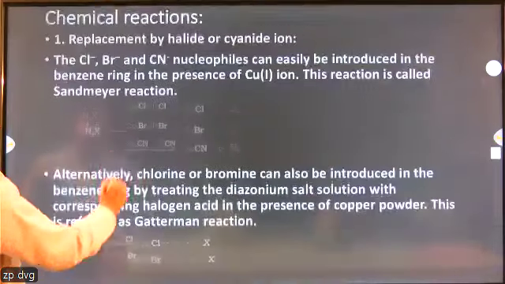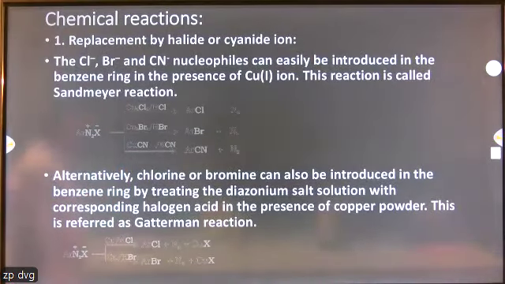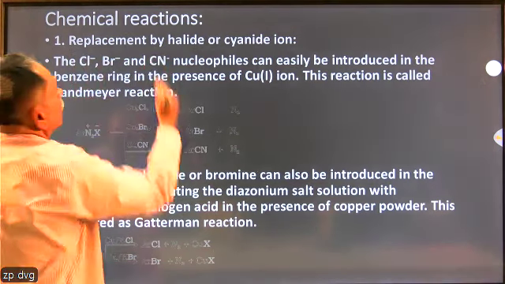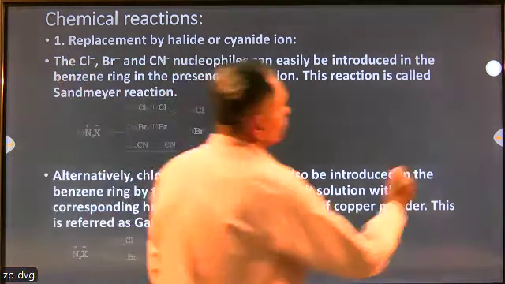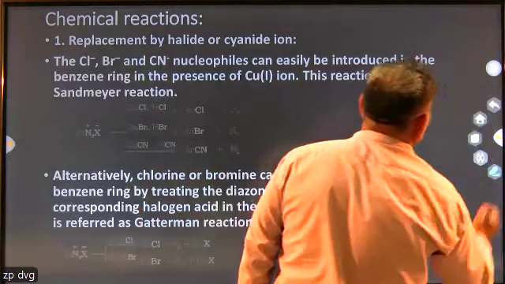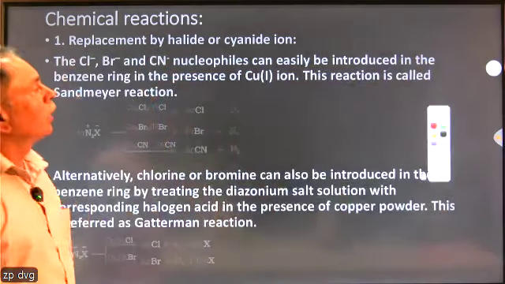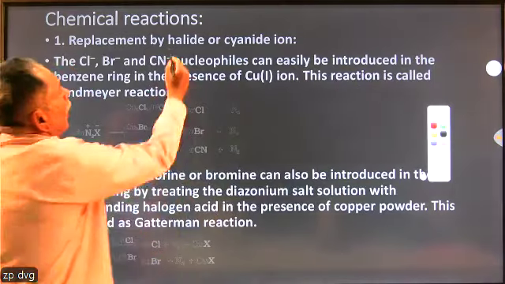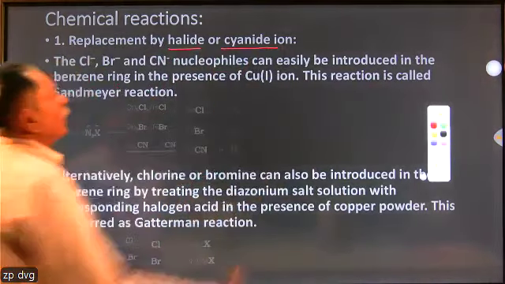Next, we'll study some of the chemical reactions of benzene diazonium chloride. The first reaction is replacement of the diazo group by halide or cyanide ion.